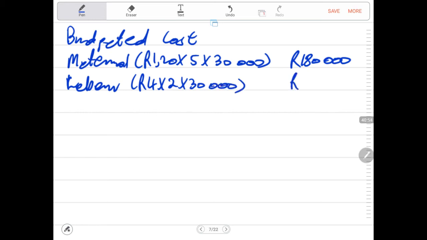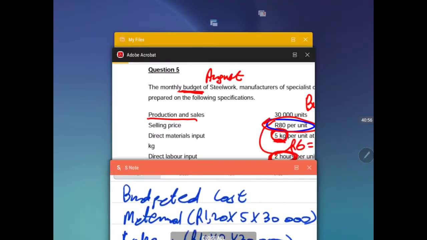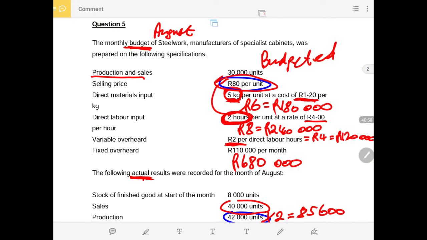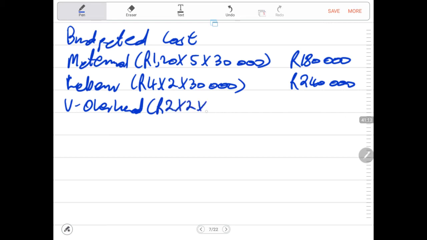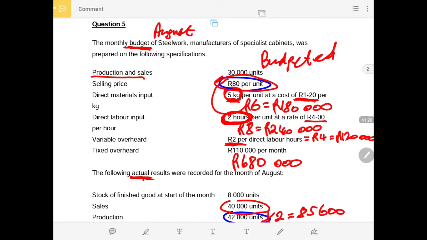And this gave us a total of 240,000 rands. Variable overheads, and that variable overhead is 2 rand times 2 hours times 30,000, and this became a total of 120,000.